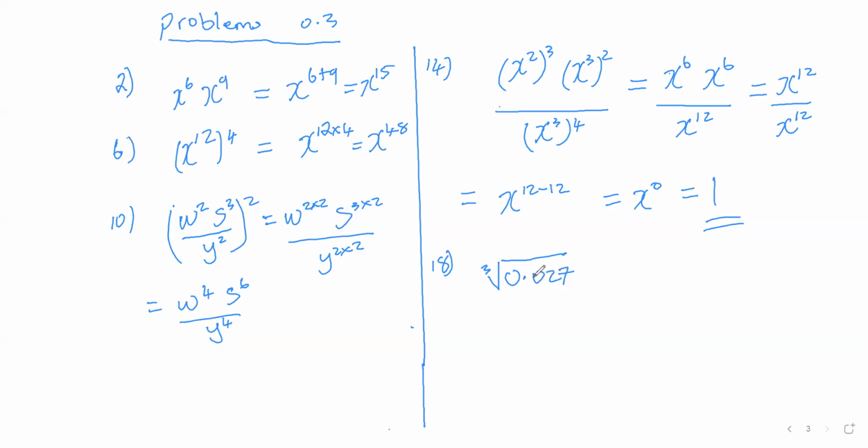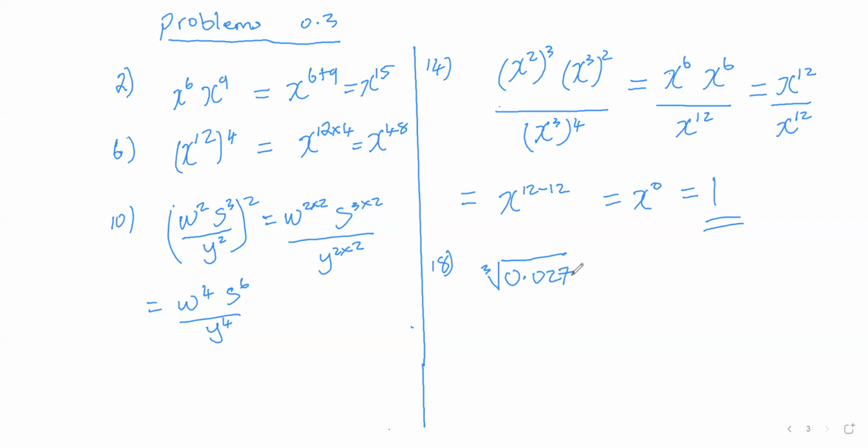So my question is, how can I write 0.027 as some number cubed? All right. So I look at this 0.027. If you remember the old primary school method where to convert this decimal to a fraction, we move the decimal to the right, the number of places.